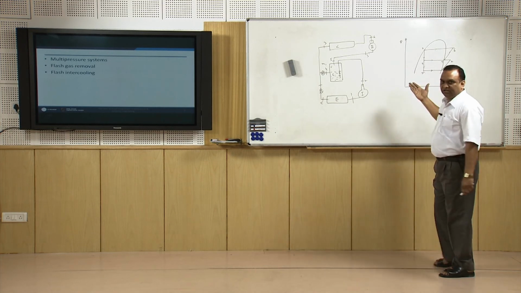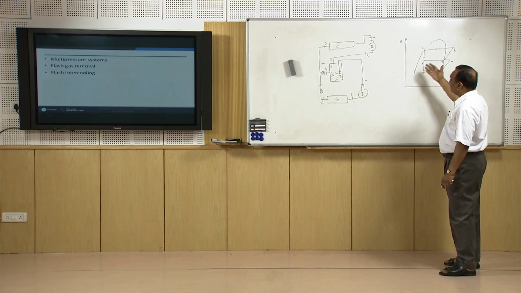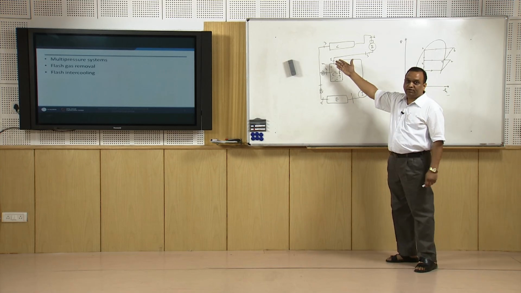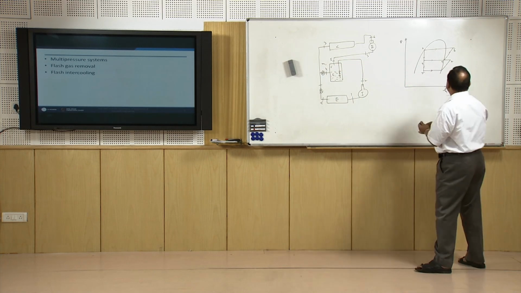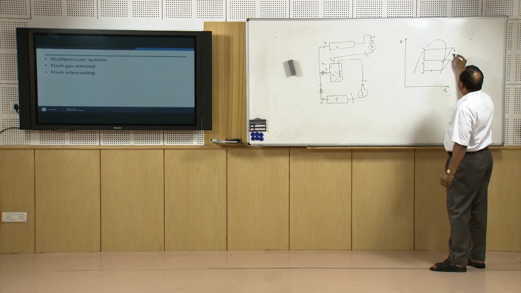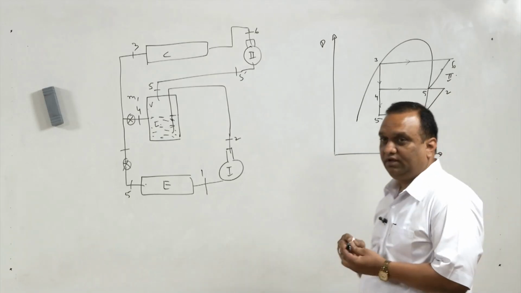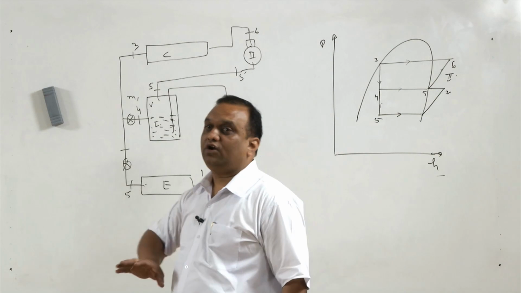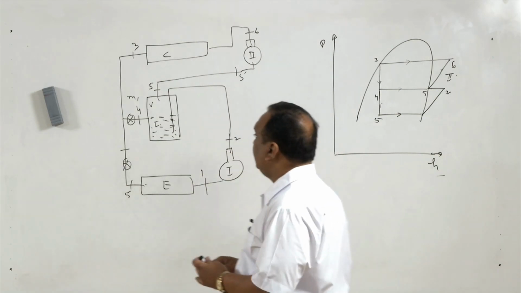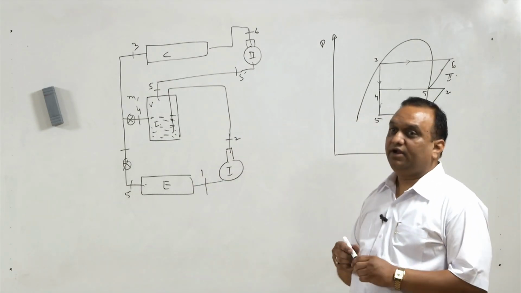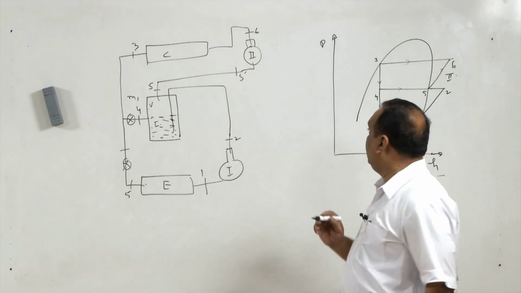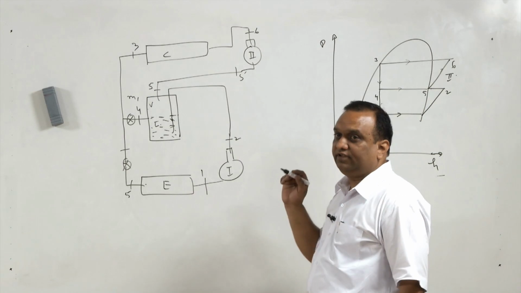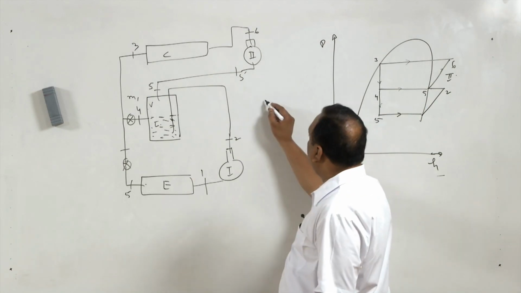So in R134A, a substantial amount of vapor will be evaporated if de-superheating takes place, and that will increase the work of the compressor in the second stage. So this type of intercooling may not draw benefits in the case of R134A, but it is very useful for a refrigerant like ammonia, because ammonia has a high value of gamma.